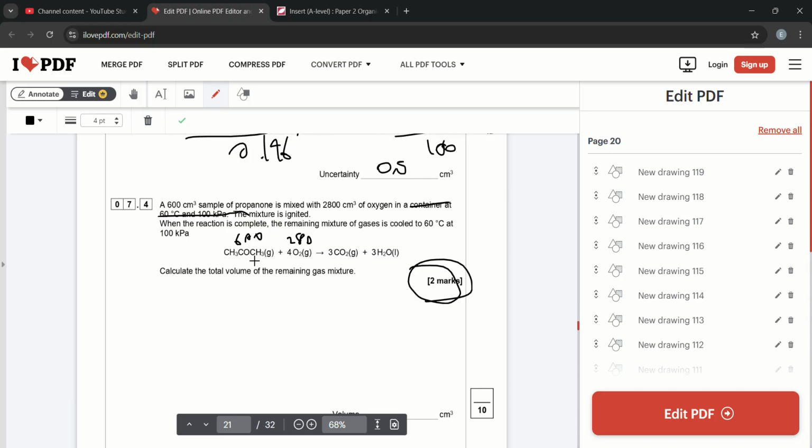So we know a 600 centimeters cubed sample is mixed with 2800 centimeters cubed of oxygen. Let's look at the moles. That's a 1 to 4 molar ratio.